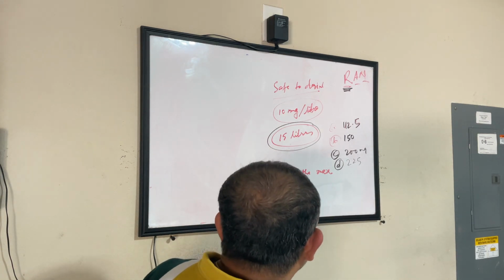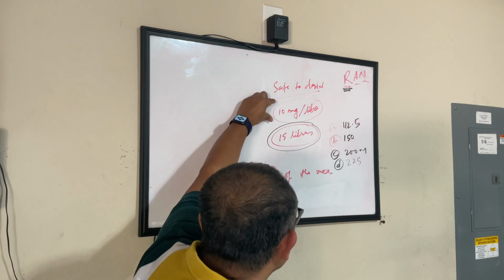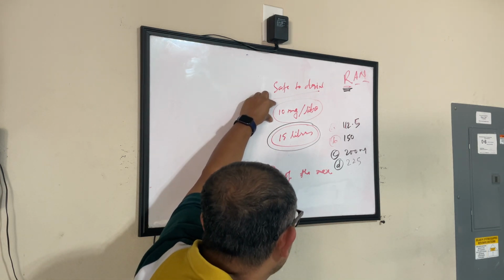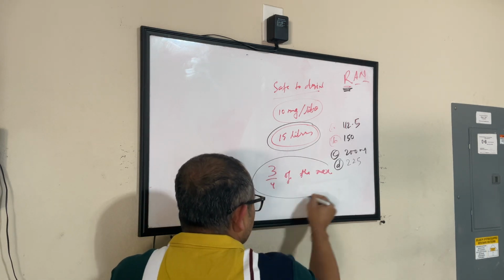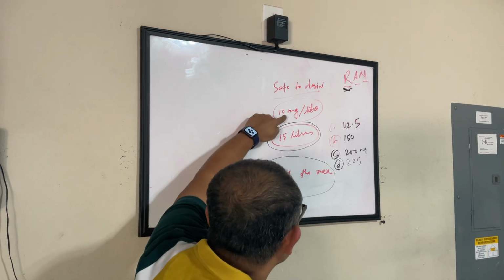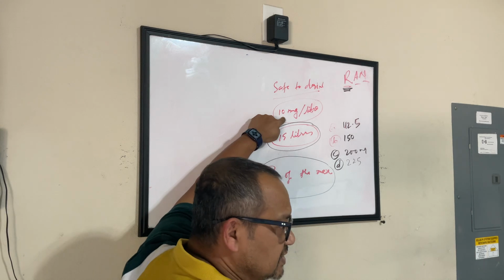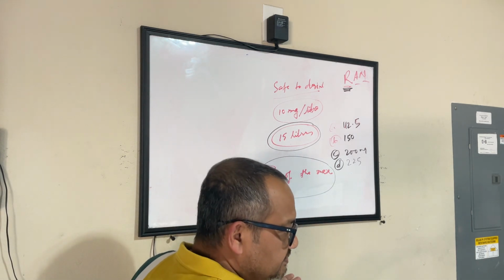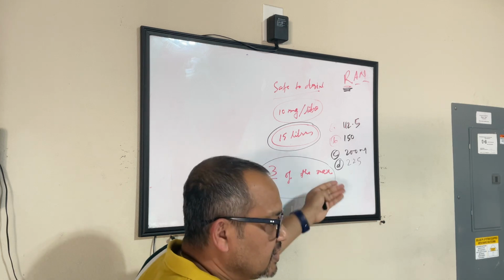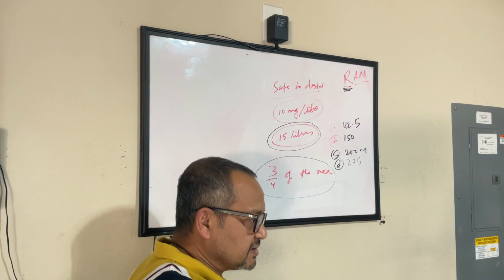Approach will be simple. This is what is considered safe. And what they found was this ratio. Meaning, if 10 milligrams per liter is considered safe, they found 3/4 of that. Meaning, it was even safer than the maximum allowed concentration.